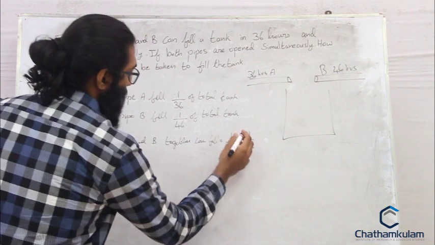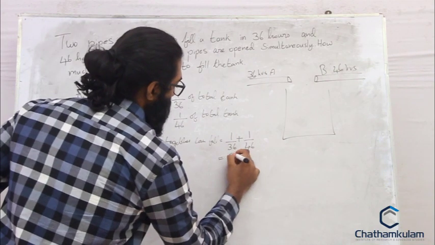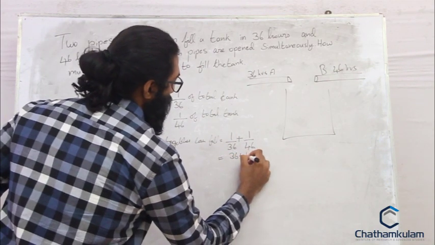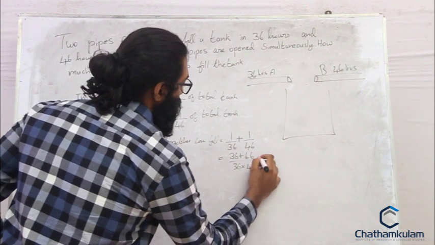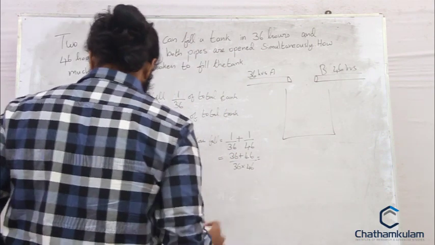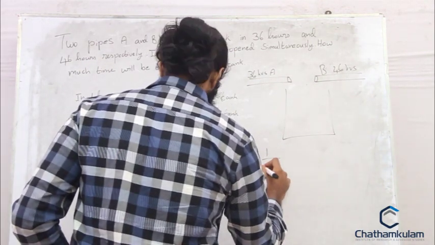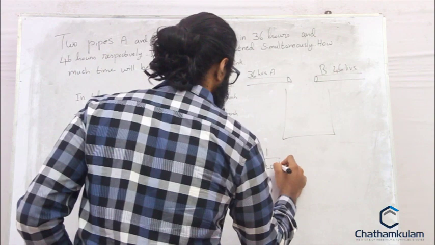If we take the LCM and multiply, it's 36 plus 46 by 36 into 46, which is given as 1/20.195.